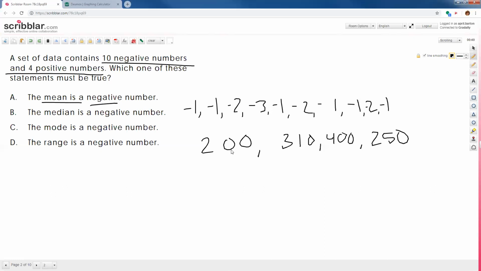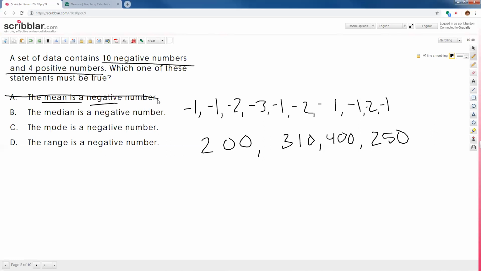So this would come out positive and not negative. And if you can find even one set of numbers where that comes out positive, not negative, this statement's not true. It might be true some of the time, but it has to be true all the time.